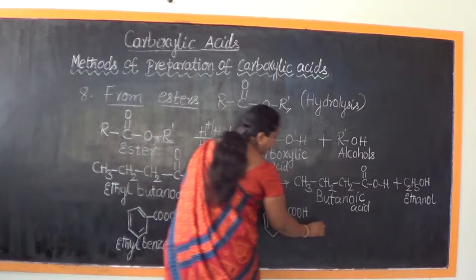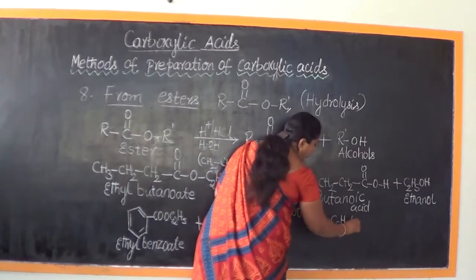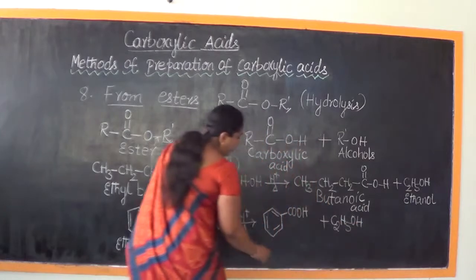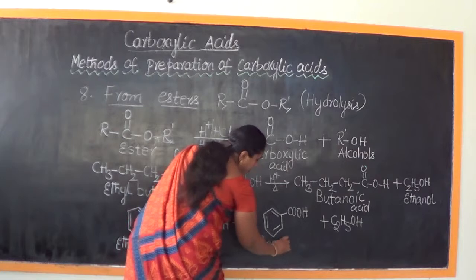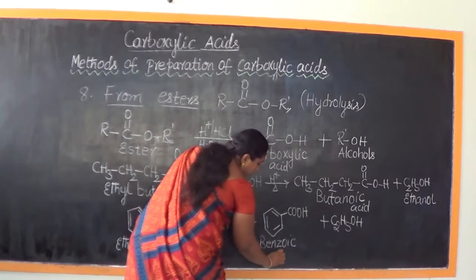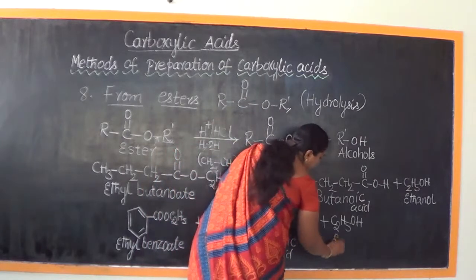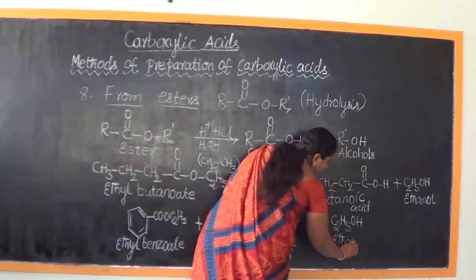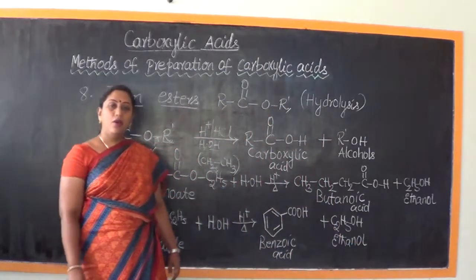COOH plus C2H5OH. So what are the two different products? We obtain benzoic acid or benzene carboxylic acid along with the formation of ethanol or ethyl alcohol.